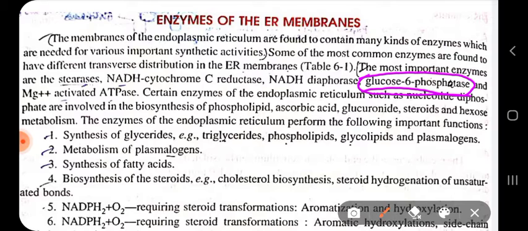Other enzymes are also there, for example magnesium activated ATPase. Magnesium activated ATPase is found on the cytoplasmic phase of the endoplasmic reticulum membrane.